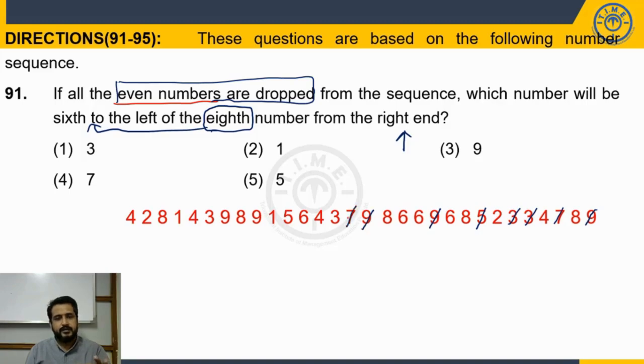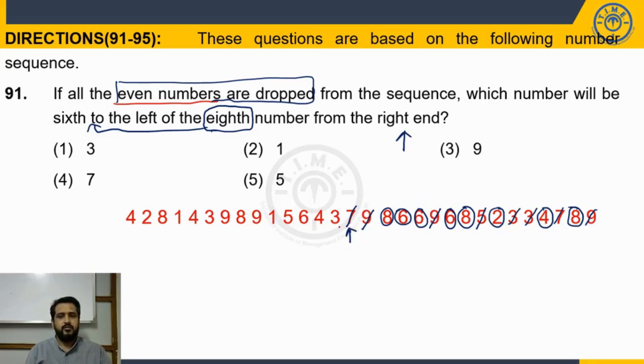Just we are considering the odd numbers. Even numbers are dropped. So I am not taking even numbers into consideration. 8, 4, 2, 8, 6, 6, 8, all these are even numbers. So I am not counting that. Just I have counted odd numbers. So 8th number from the right hand is which one?